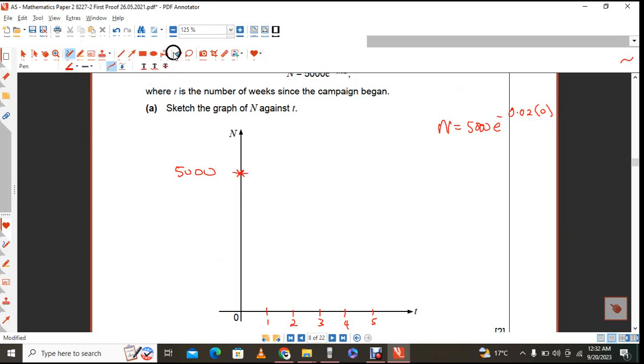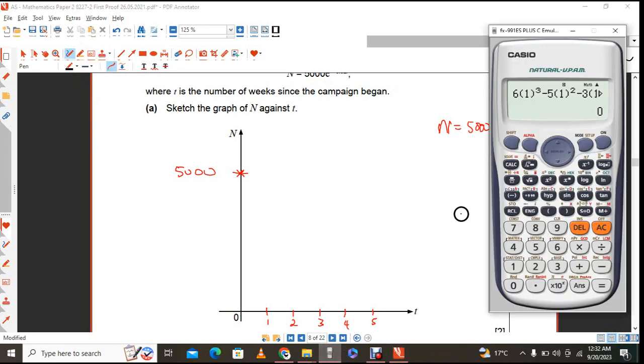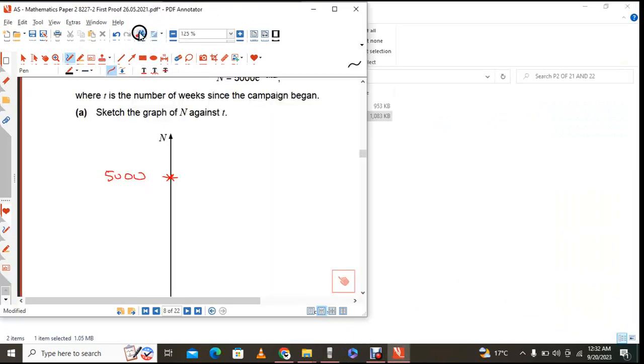If you make t equal to 1, for example, it gives you a different output there. So I'm just going to use my calculator every time for that particular value.